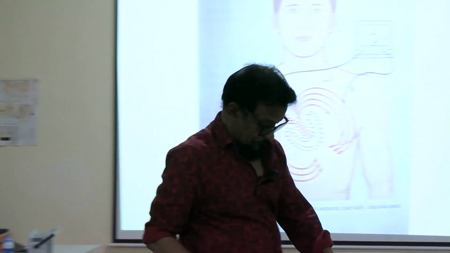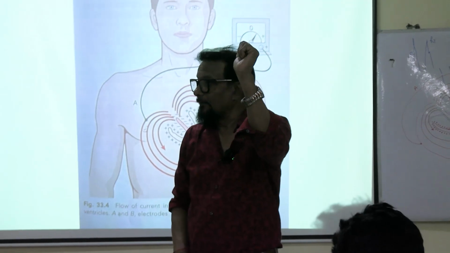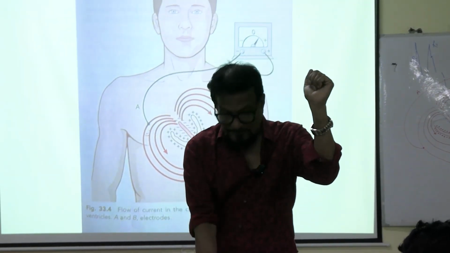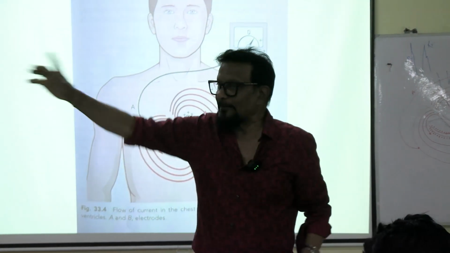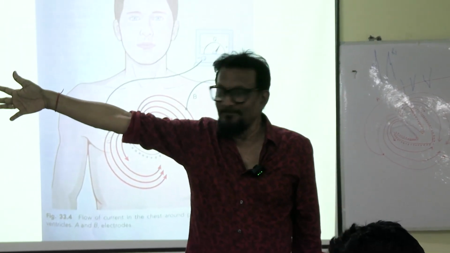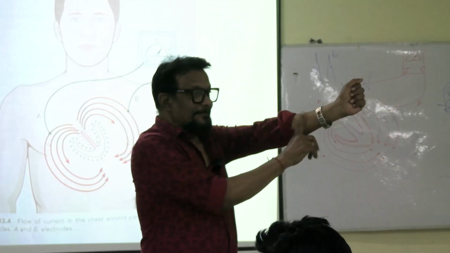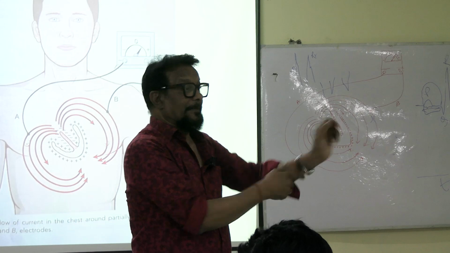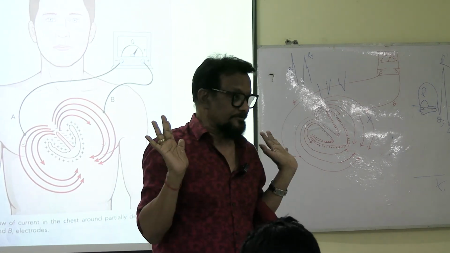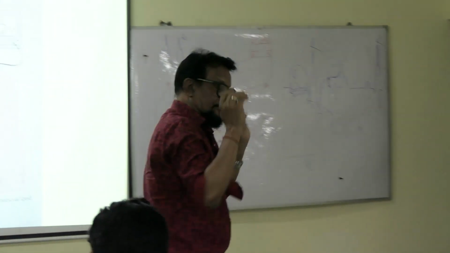And for lead 3, left leg, left hand. The positive pole will be there, the negative pole will be here. So one thing we can see: this is always negative and this is always positive, and this is one time positive, one time negative. You must always remember that. So these are the standard limb leads.